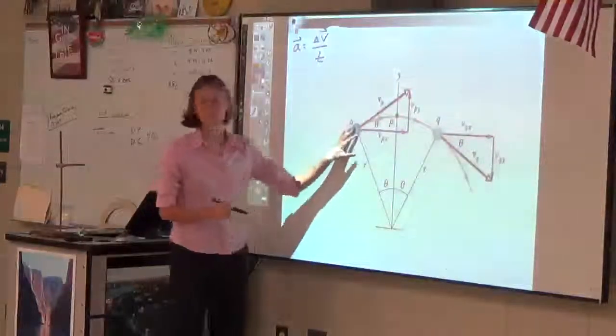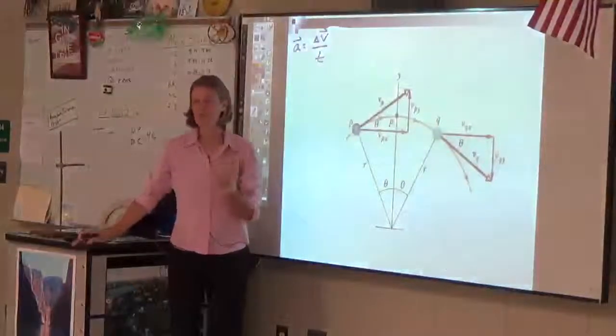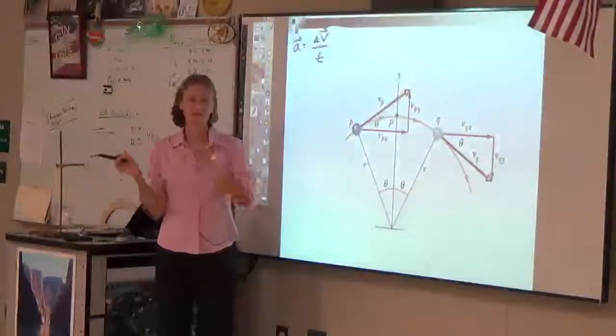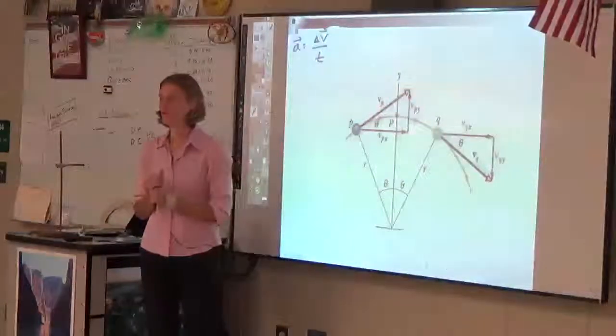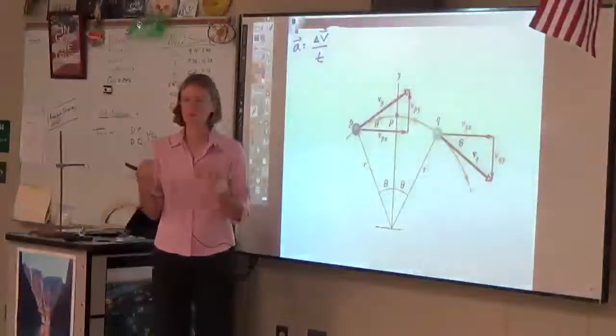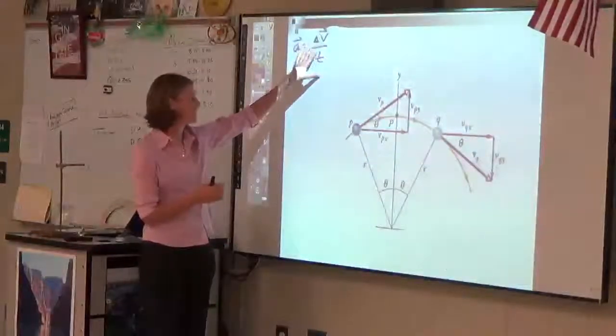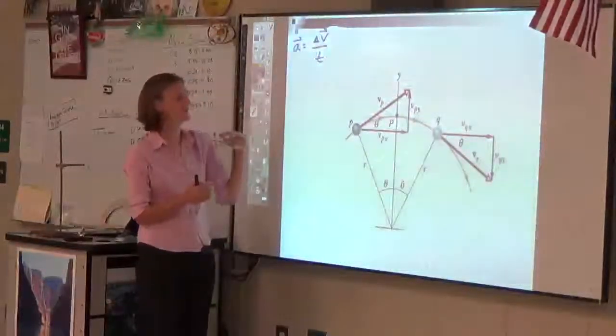So we have to be really careful, and this is a really important part about physics. When things are vectors, you can't just go willy-nilly throwing things into our equations. You've got to make sure directions match. I can use this equation in any direction, but I have to be consistent.